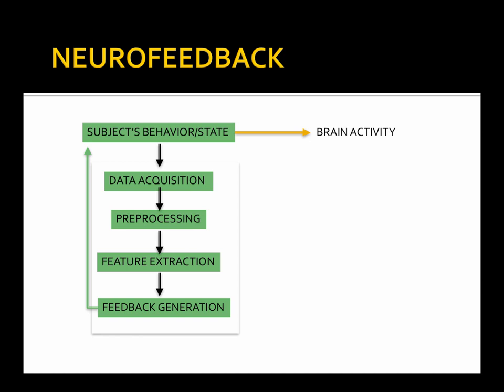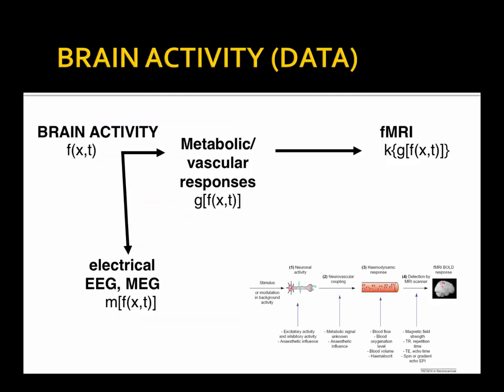So as I mentioned before, the first thing is the subject behavior or state, and that will be the brain activity. And by now, this is kind of familiar to everybody. The brain activity could be defined in different ways: by the electrical signals, that will be the EEG or MEG, but also metabolic or vascular responses, which in turn combine into the fMRI signal.